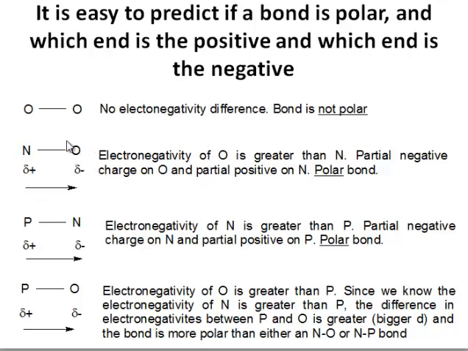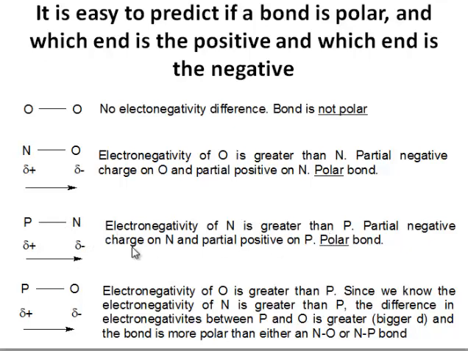Oxygen, the more electronegative element, pulls electrons away from the nitrogen, so it has more. And nitrogen has fewer electrons, or the electrons don't spend so much time around nitrogen. So this creates a polar bond with a positive N and a negative O. If you attach a phosphorus to a nitrogen, nitrogen is above phosphorus on the periodic table, so it has the greater electronegativity.